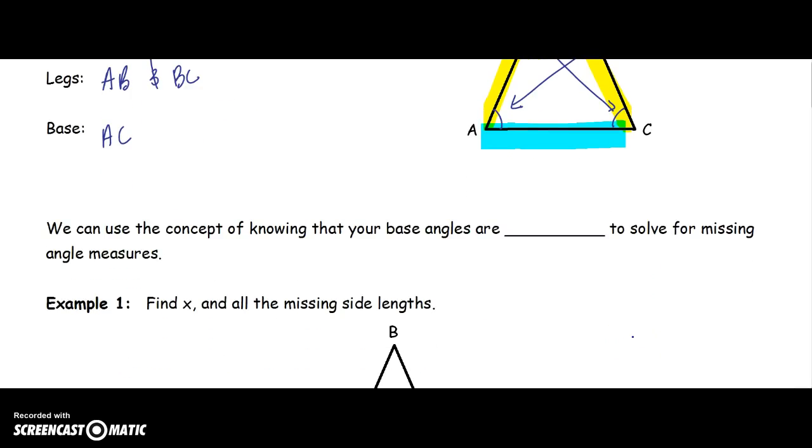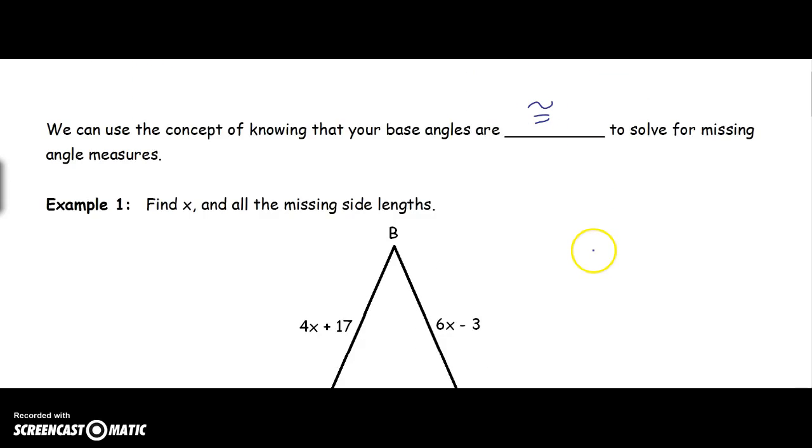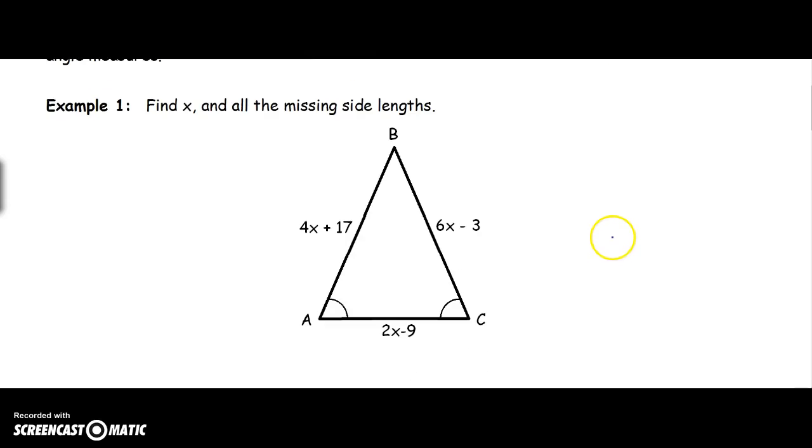Because we can use the concept of knowing your base angles are congruent to solve for missing angle measures, we can do that. So here I give you a triangle. It says nothing about the sides, but I give you side lengths. So what are you supposed to do? Well, if you look carefully, you have two base angles that are congruent. Therefore, our sides are congruent.